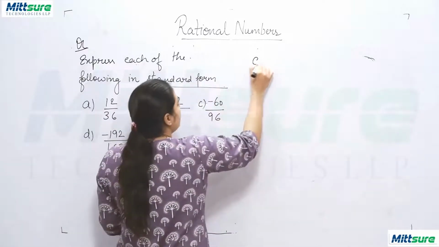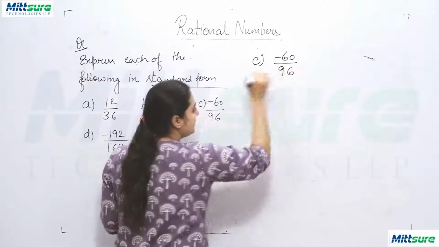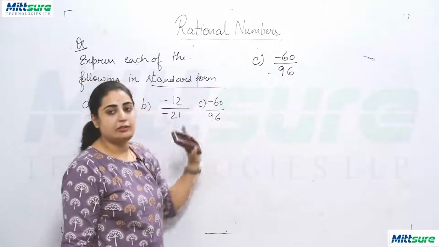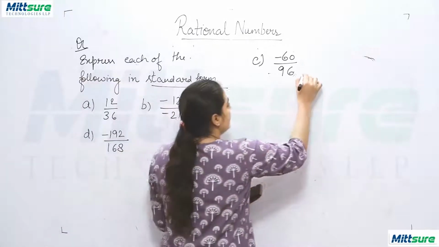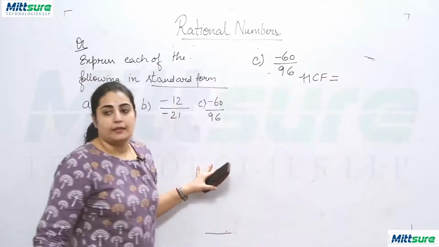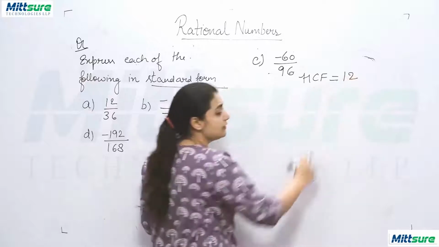The next question is minus 60 upon 96. So with the same method as we have done, you can find out the HCF. Now see, the HCF which you will get is 12. What will be the HCF of these two numbers? 12.